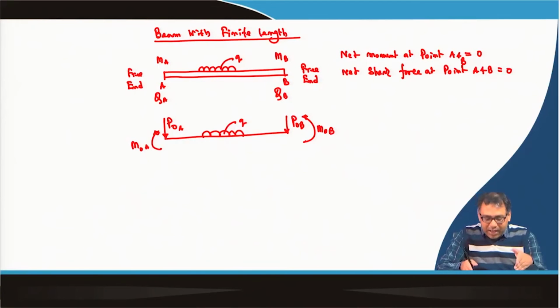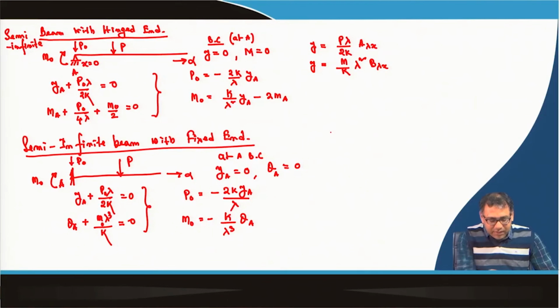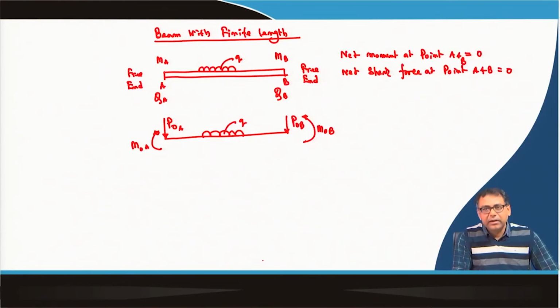Similarly, if you have a hinge condition at both ends, then the deflection at the hinge will be 0 and the moment at the hinge will be 0. If it is a fixed end condition, then the deflection at the fixed end will be 0 and the slope at the fixed end will be 0. Similarly, you have to solve this beam with finite length conditions.